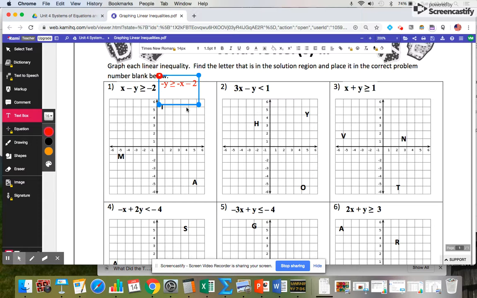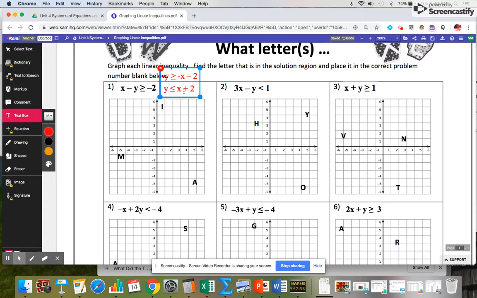Now I want to get y by itself. So I have to multiply all 3 terms of this inequality by negative 1, giving me y is less than or equal to x plus 2. Keep in mind, anytime you multiply or divide an inequality by a negative, the direction of the inequality changes.